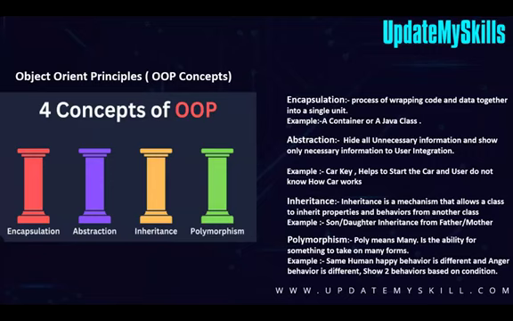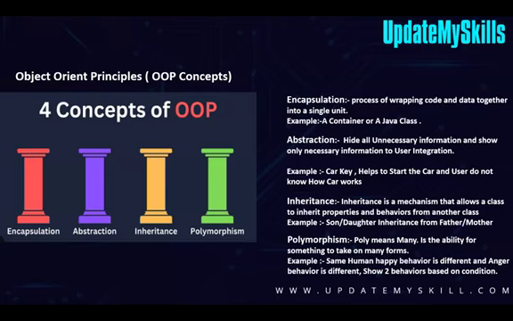There are four main concepts we need to follow in any object-oriented programming: encapsulation, abstraction, inheritance, and polymorphism. The words may seem a little different and new to you, but you are doing it every day in your day-to-day life.